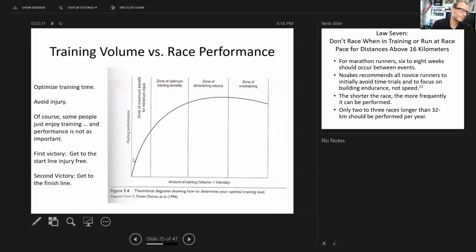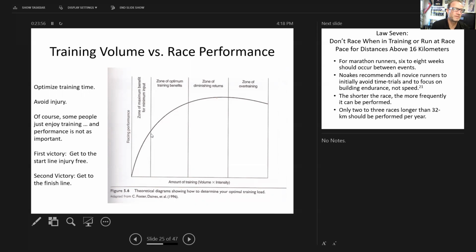So this is just race performance here versus the amount of training, and this idea that at some point you're going to get to an amount of training stress where there are just diminishing returns. You're just doing too much. And maybe you even get to a point where you're overtraining. You're doing so much stimulus that you don't have time to adapt, and your race performance is not improving.